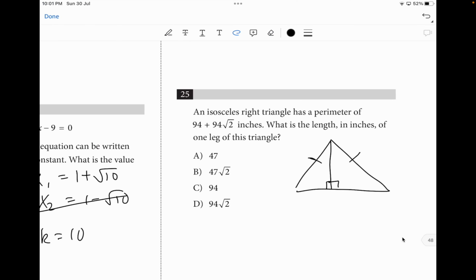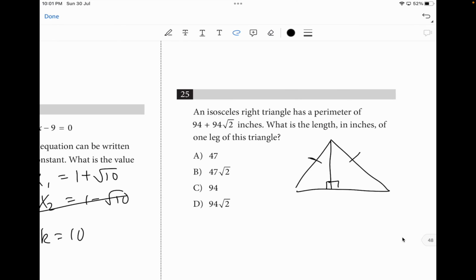In order to find one leg of this triangle, it's given that the right triangle is isosceles. In an isosceles right triangle, the two legs have equal lengths, and the length of the hypotenuse is square root 2 times the length of one of the legs.